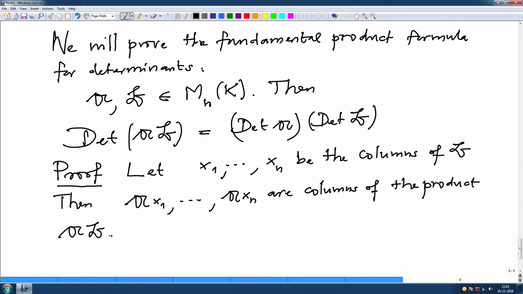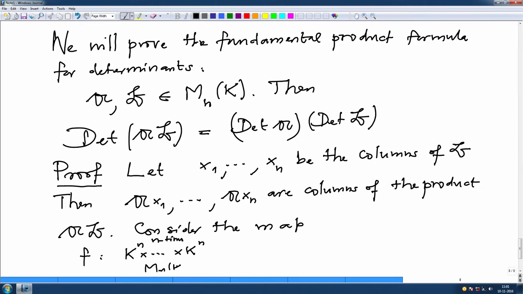And now consider the map. Let me call it F. This is from k^n cross k^n, remember, n times, which is nothing but M_n(k), the matrices by columns, to the scalars.